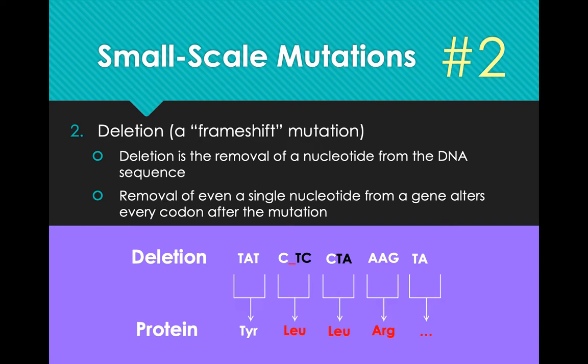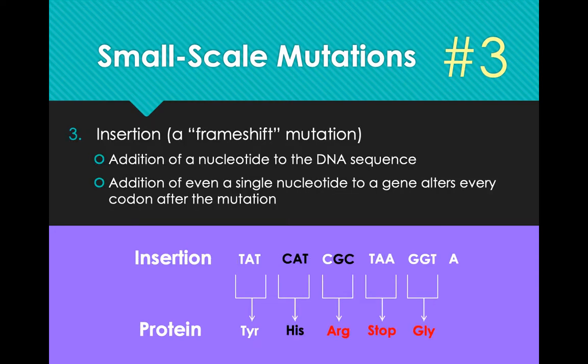Because we read in threes, it shifts everything down one. Because of that, it's going to affect every single amino acid from the moment that mutation occurs. So it's almost like a chain reaction. Once I shift one letter over, I've messed up how I'm reading everything in threes.